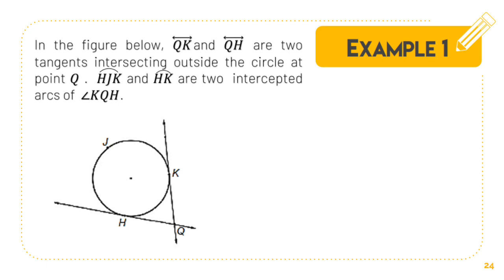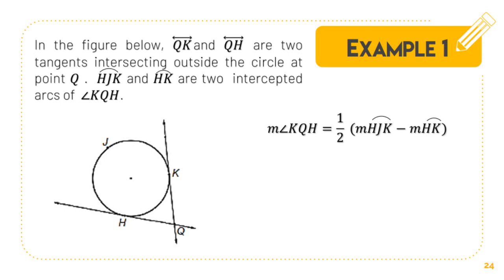To solve for the measure of angle KQH, we have to subtract the measure of arc HK, the smaller arc, from the measure of arc HJK, the larger arc, and then divide it by 2. As you can see, the two lines just divide the circle into two parts, which are the major arc HJK and the minor arc HK.